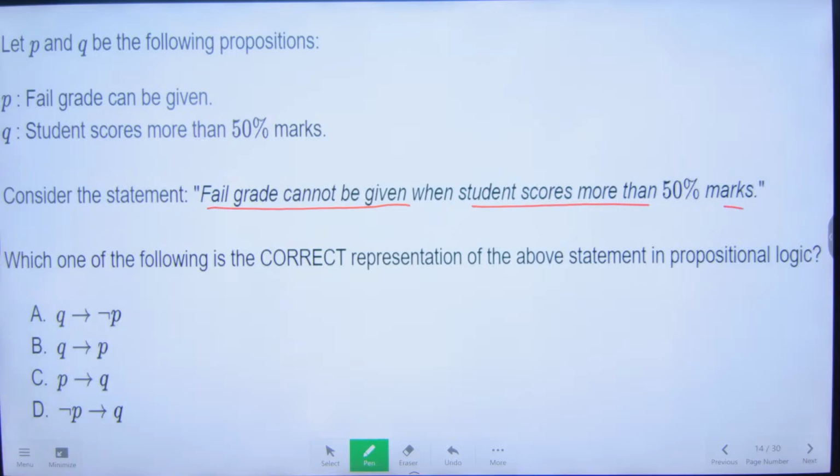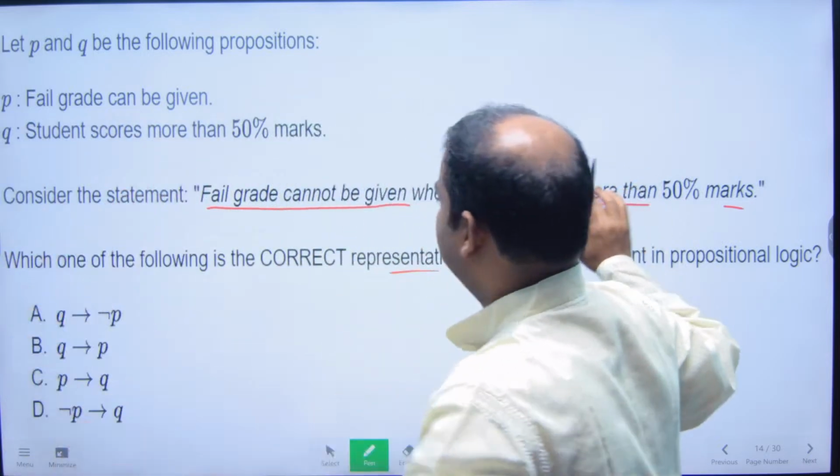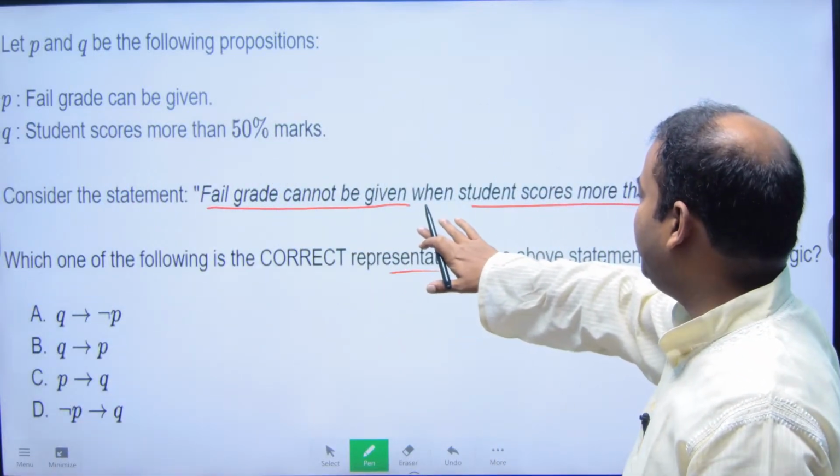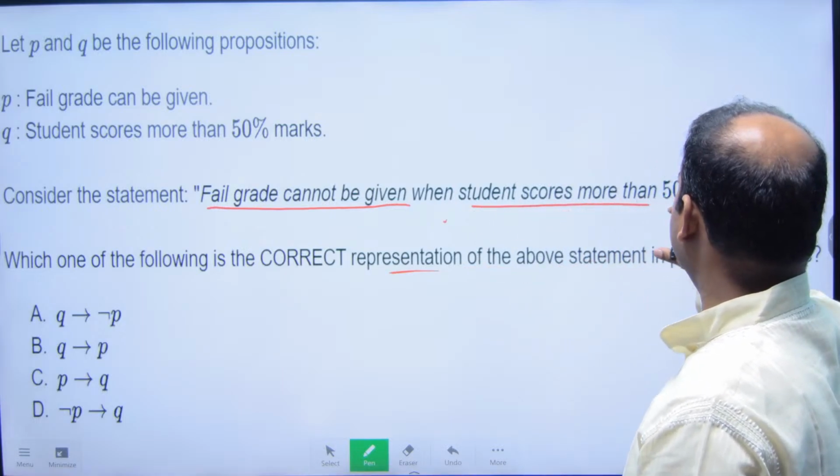Either A or D. Okay. C. So what is this? First you have to understand this sentence. Fail grade cannot be given when a student scores more than 50 marks.